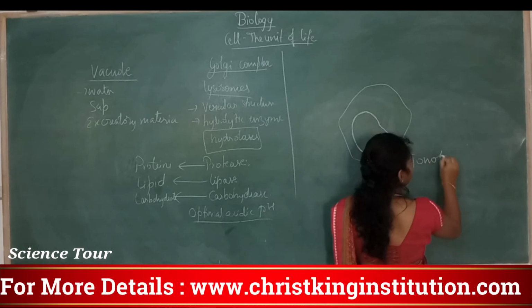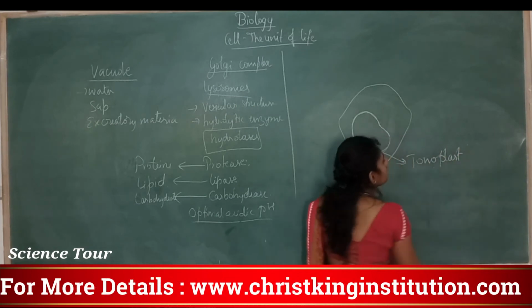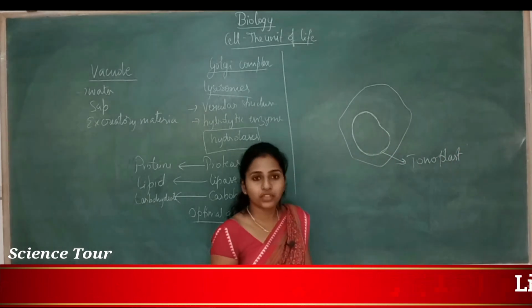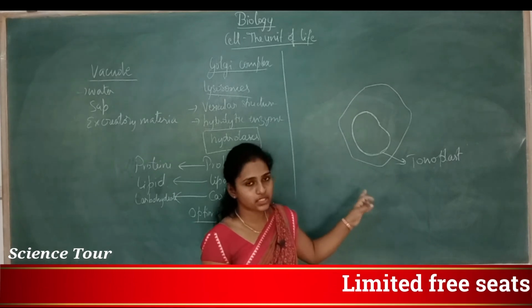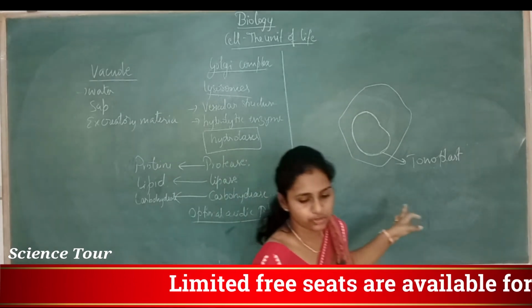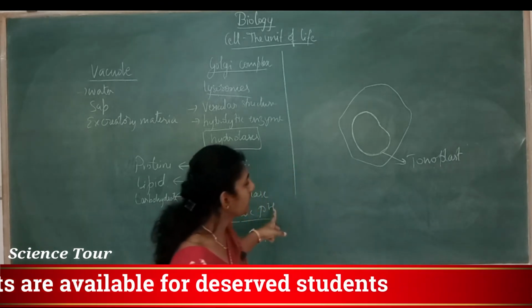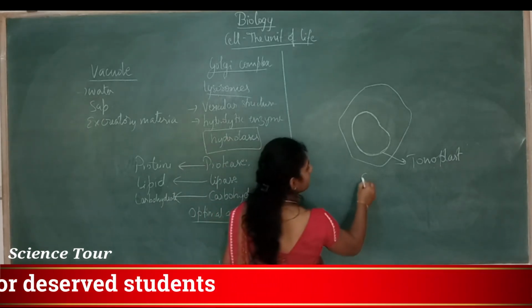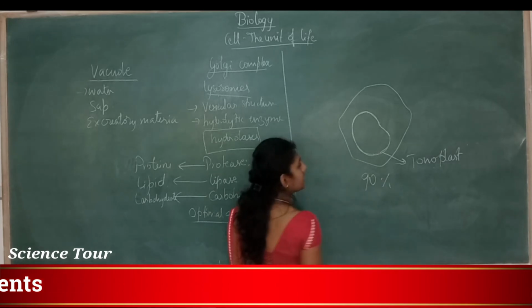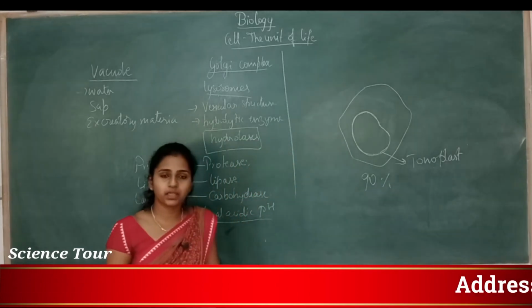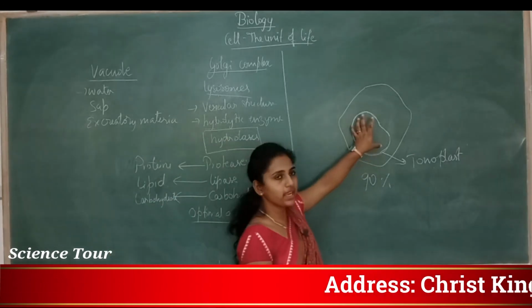Very important. The outer thin membrane of the vacuole is called the tonoplast. In plant cells, 90% of the cytoplasmic space is occupied by the vacuole.